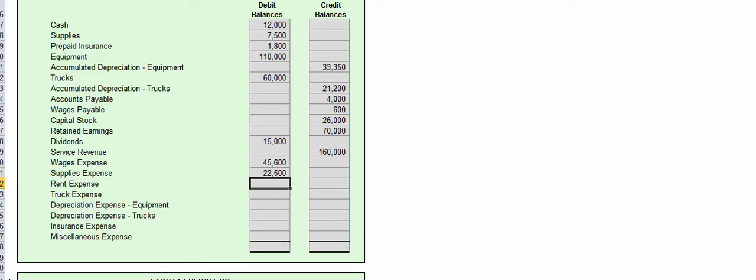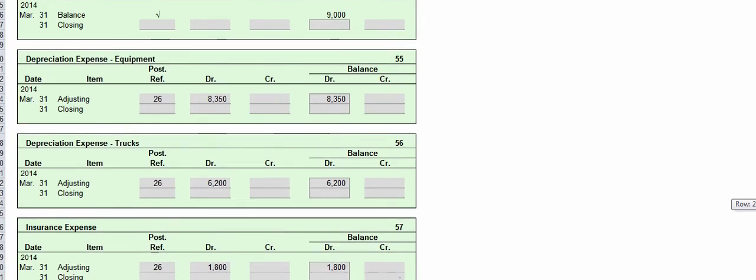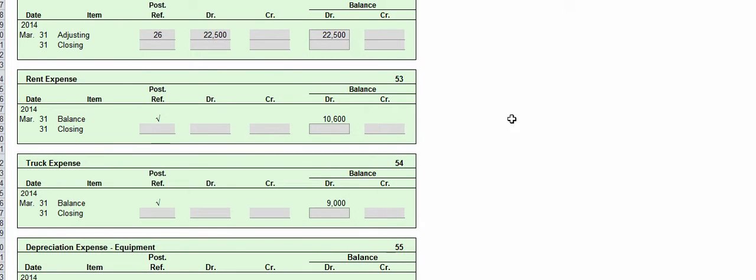Next, we'll pick up rent expense and truck expense. Rent expense is a debit balance for $10,600. Truck expense is a debit balance for $9,000.